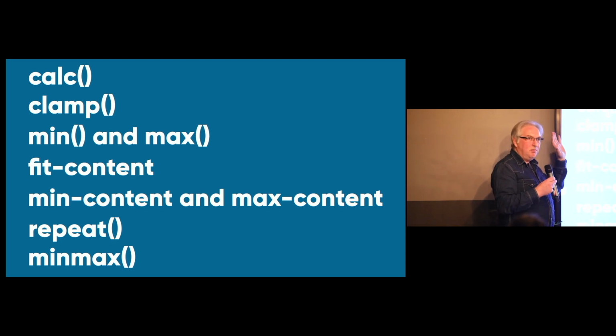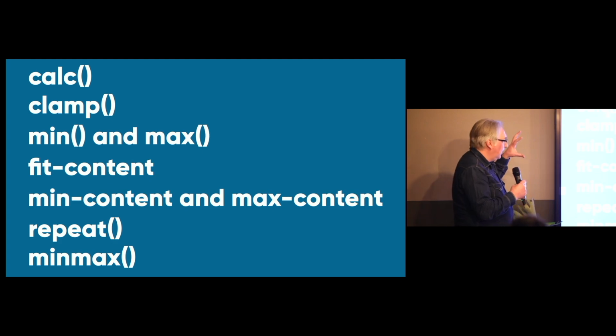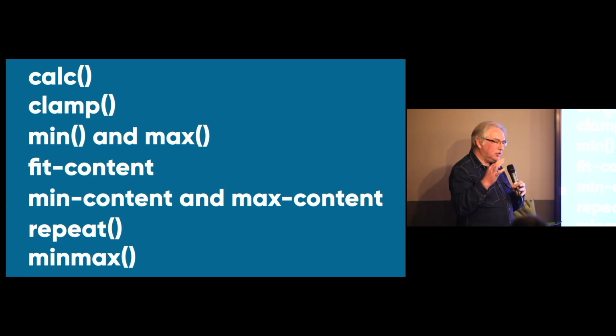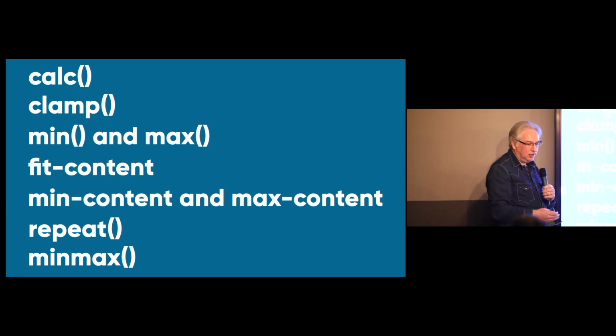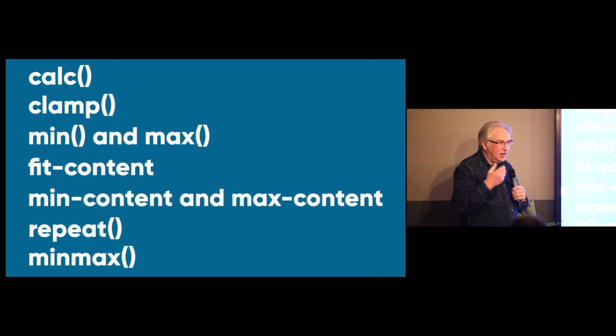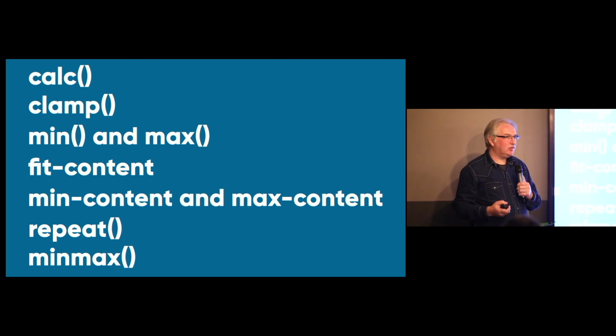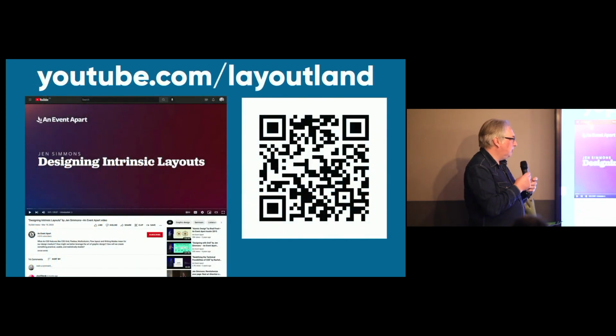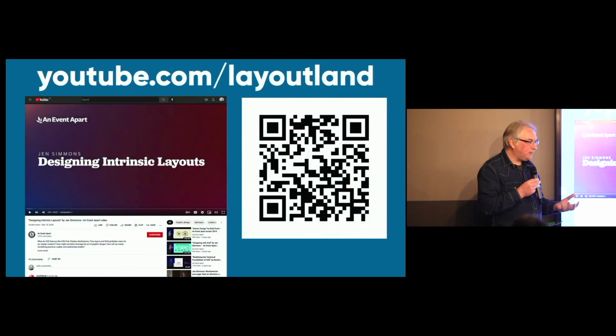Like, what's the minimum, what's the maximum, and handing over all the in-between to the web browser. So the human is setting the boundary conditions, the machine is doing the calculations. And that kind of opens up whole new ways of designing. Someone who's been talking about this kind of new way of designing is Jen Simmons.